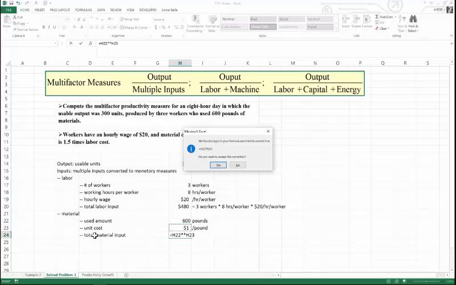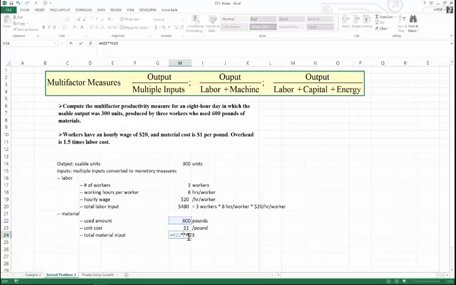So it's $600. The calculation is 600 pounds times $1 per pound. That's the result.